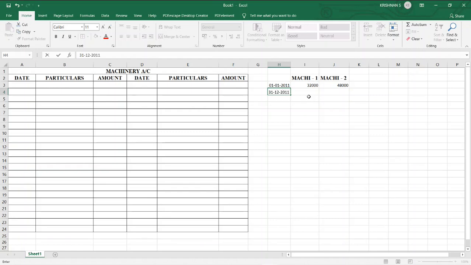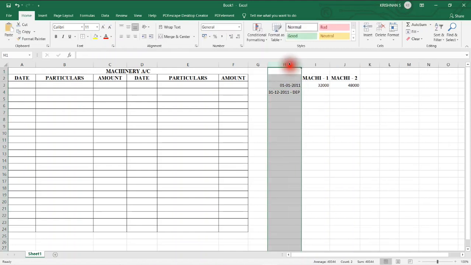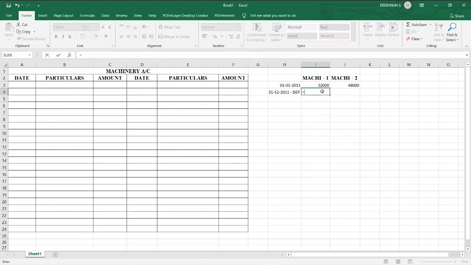On 31/12/2011 we need to provide the depreciation for 1 year. So equal to 32,000 into 10 divided by 100. Then book value equals 32,000 minus 3,200.